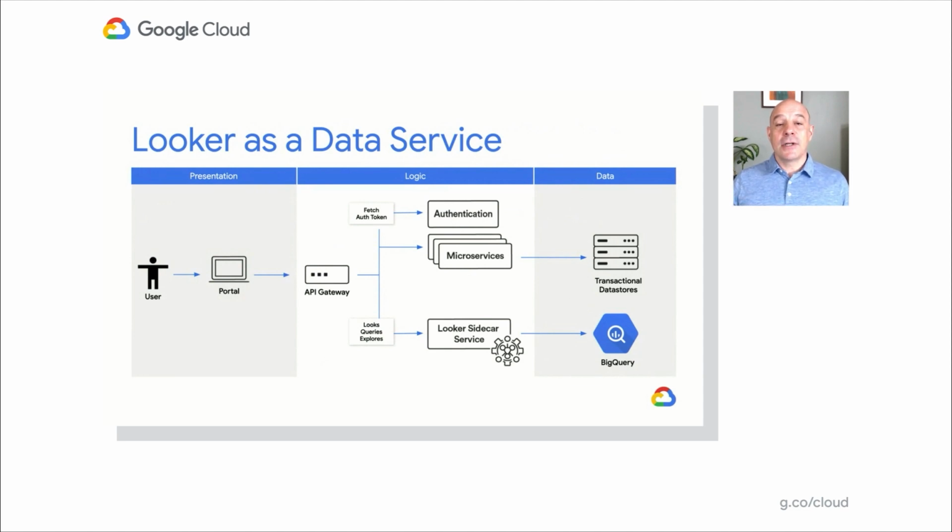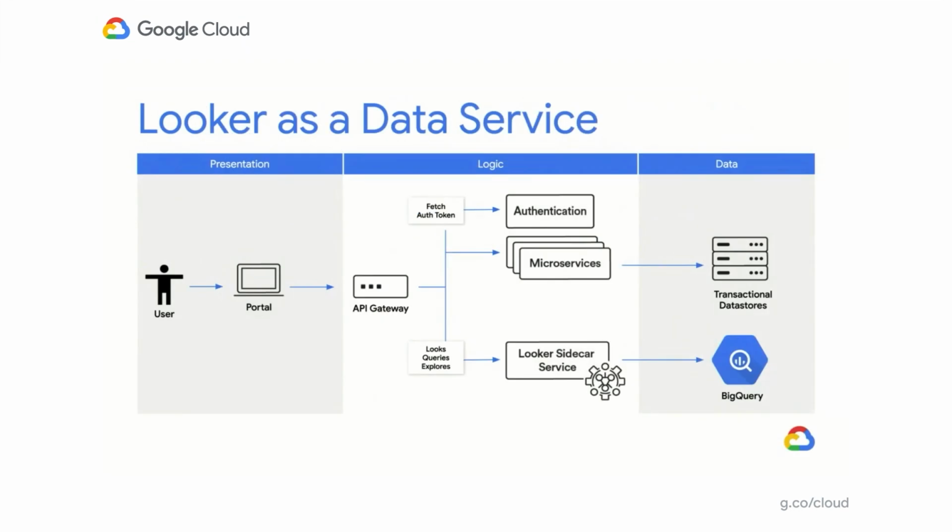The architecture of the application is composed of a series of microservices, each in charge of their own area of concern. So there's one that does authentication, there's another that does logging, and there is also one, of course, that surfaces ThoughtSpot-backed data to power front-end visualizations. We elected to integrate into this existing architecture by building a parallel Looker-backed data service.